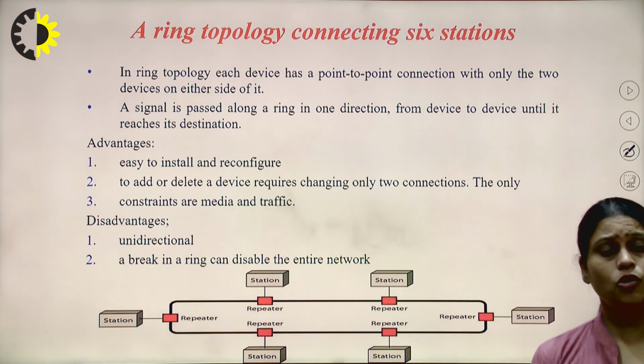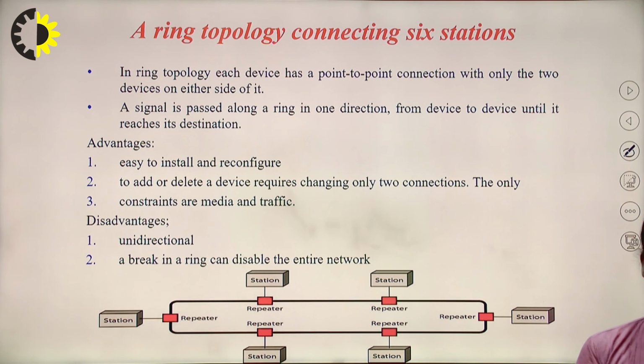Now the next topology is the ring topology. In the ring topology, we use a single wire, and all the devices have a point-to-point connection with only two devices, one on either side. A signal is passed along the ring in one direction. A ring topology is a unidirectional ring.